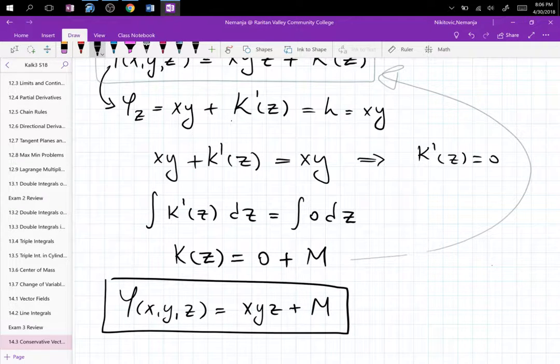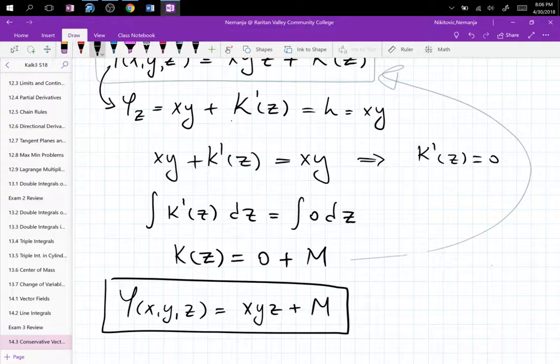Go ahead, take partial derivatives of this function. If you take the gradient, which is the vector of partial derivatives, you will get your vector field. Partial with respect to x, first component yz. Yeah, flip 3 pages before we started the problem. And then the second component xz. And the third component xy, right?